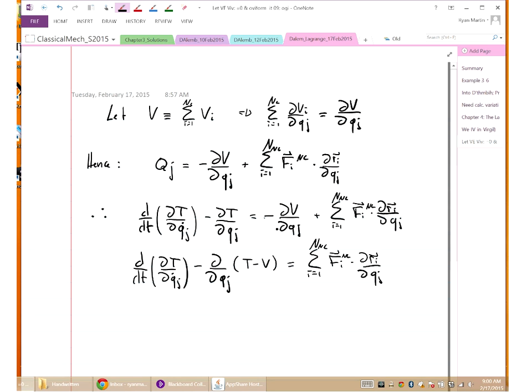Alright, so if I bring the term with the ∂V/∂q_j to the left, it becomes plus. Then I factor out an overall minus sign so that I can write it as T minus V.